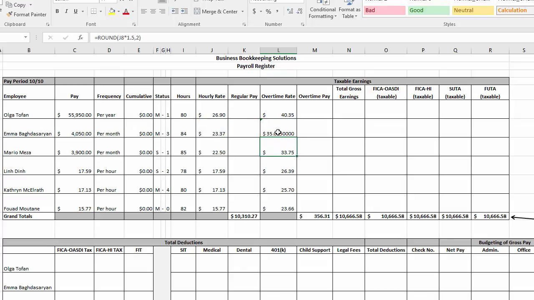So notice, without the rounding, it results in a fraction of a cent on $35.05. So I have to insert that rounding function in there to fix that. And now it's fixed. So that's how we calculate our overtime rate. In the next video, I will show you how to calculate the regular pay.